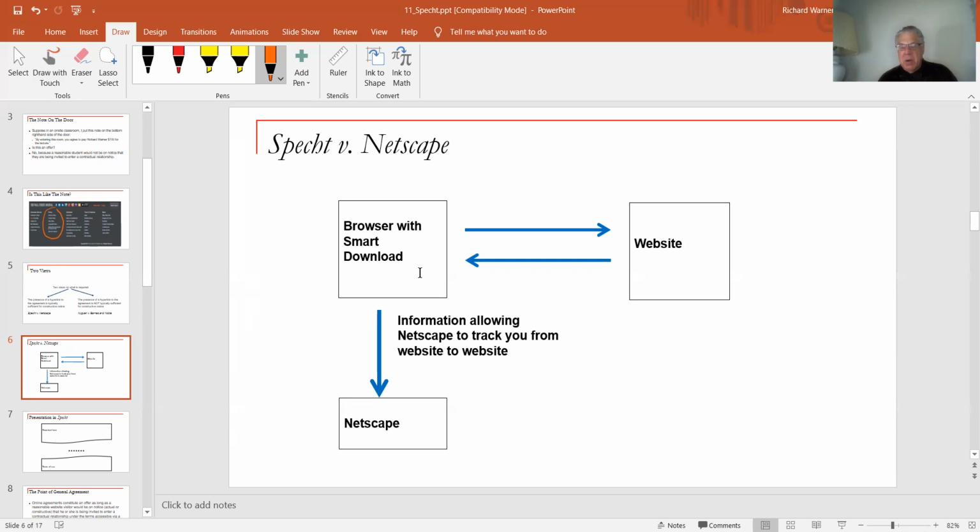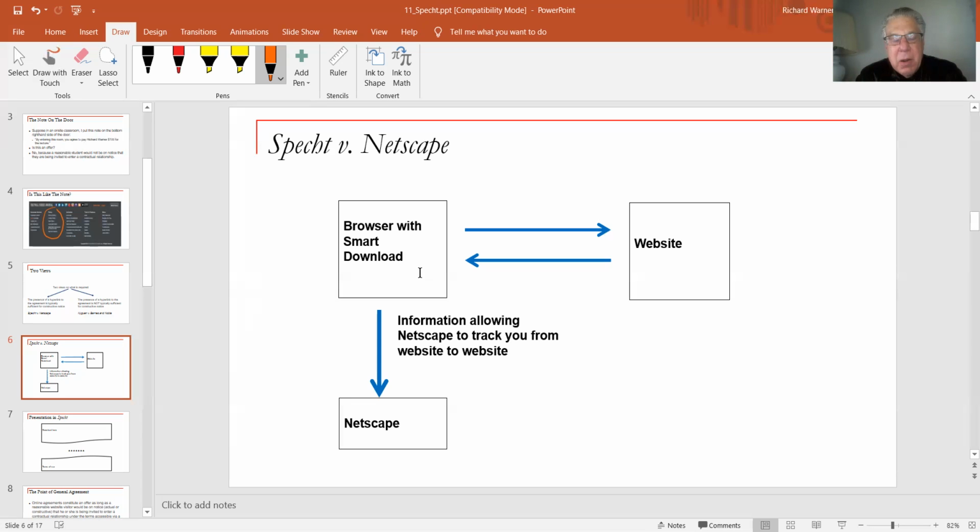Install Smart Download, and if you do get cut off in your download, you just go back onto Netscape, start up your browser again, and you can pick up where you left off. I assume, they don't explain, that Netscape kept a copy of your progress of the download and stored it in a way that allowed you to pick up where you'd been cut off.